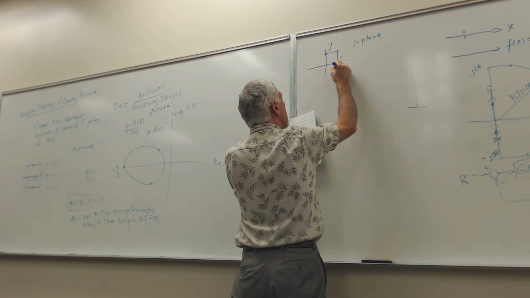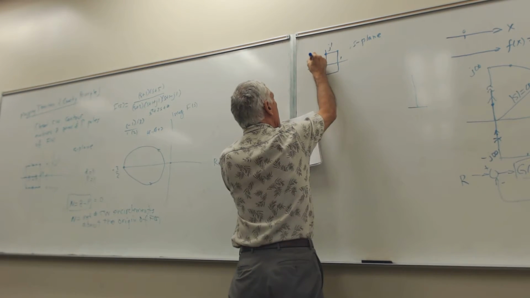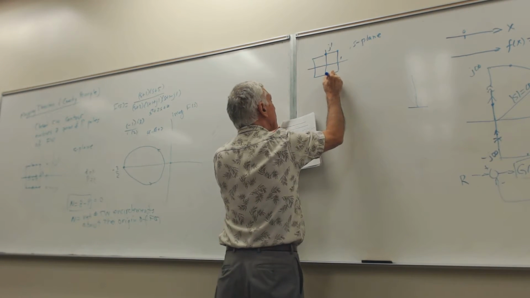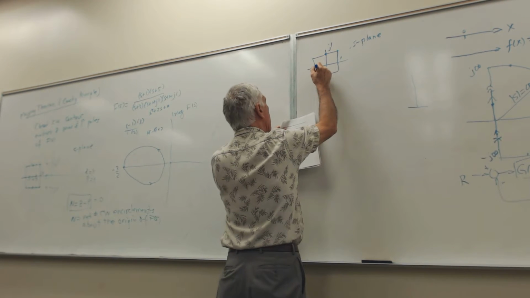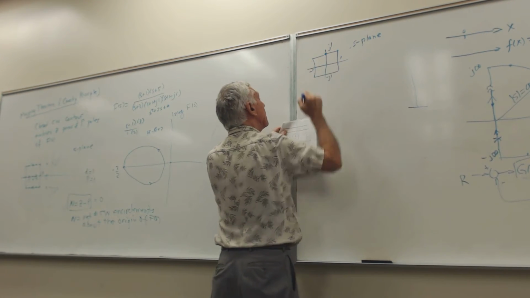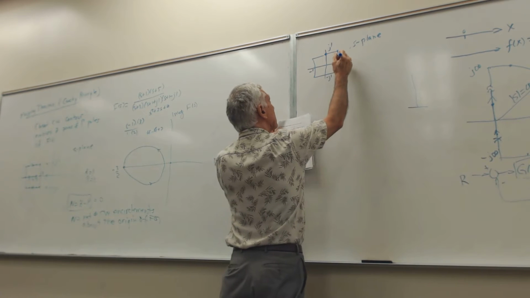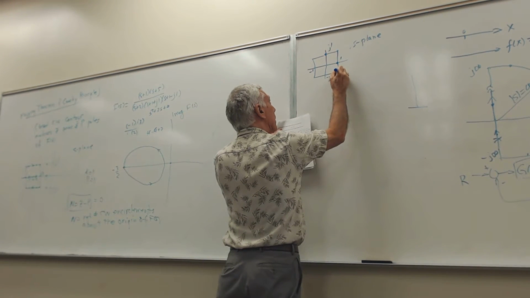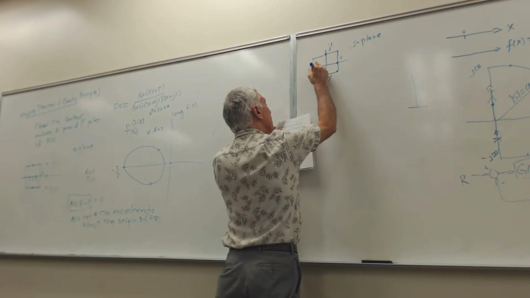This is 1. Okay, so this is minus j1. This is minus 1, minus j1. So there are several points that we can take. We can take these corners. We can take these points here.